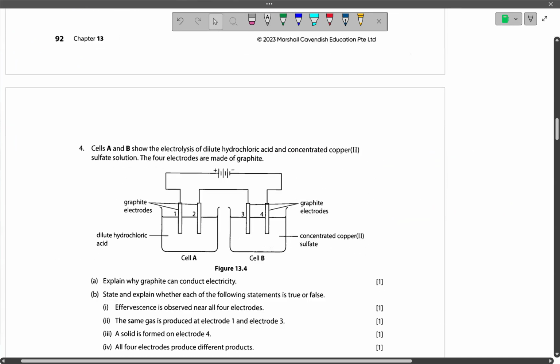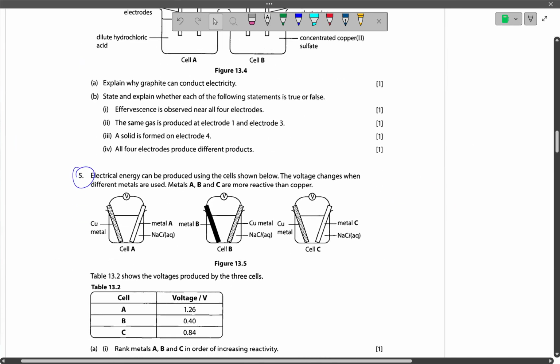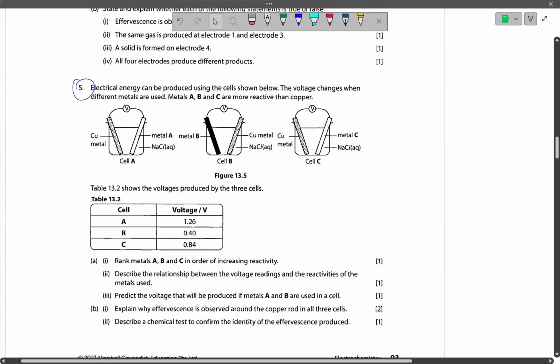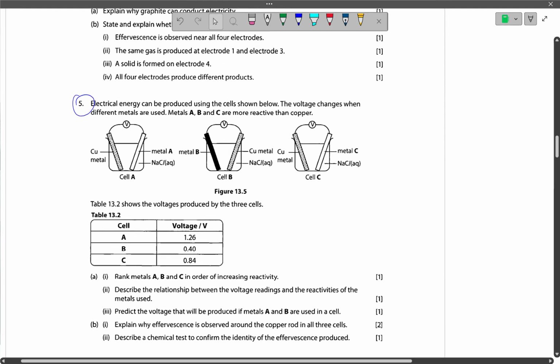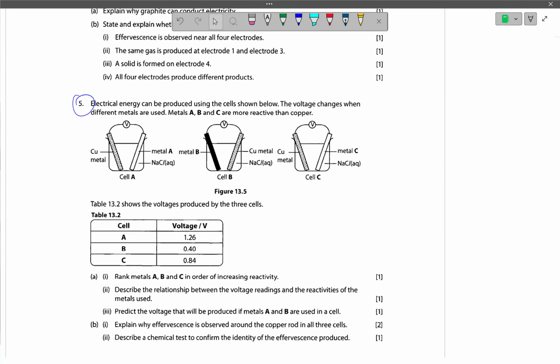All right, next one. Oh, this is a long one. Okay, so let's see what happened. Metal A, B, C, and copper. All right, let me see where they are.